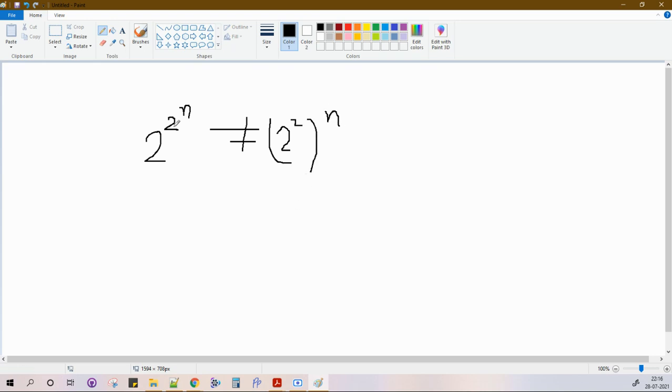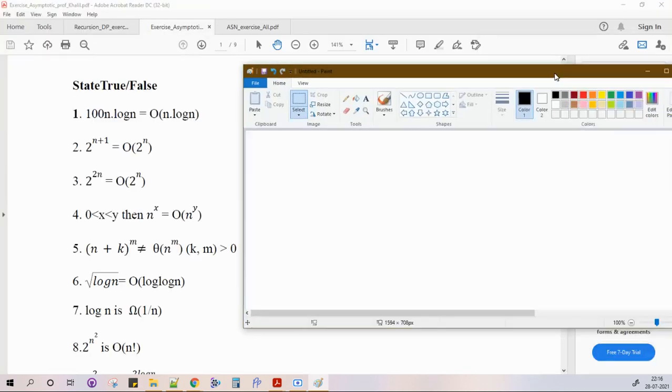Because that is 4 raised to n, and this is 2 raised to 2 raised to n, so this is not equal to that, because that one is whole. This is 2 raised to 2, which is 4 raised to n, and you cannot write this as equal to 4 raised to n. This is very core, but there is a chance of making a mistake here, so that's why I'm highlighting it.